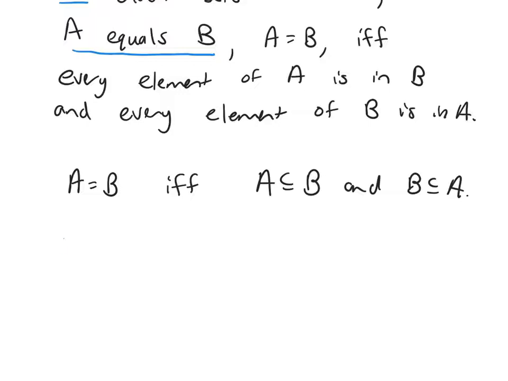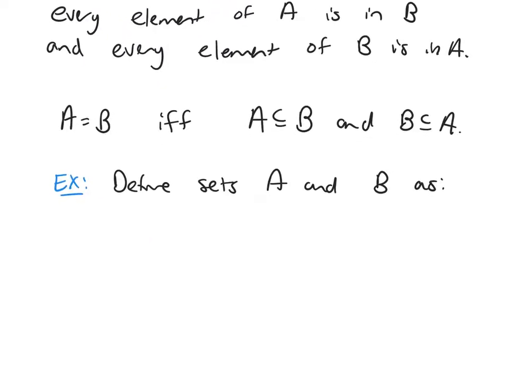So again, we're going to look at an example here. Let's define sets A and B as the following. So A is going to be all of the integers that you can write as 2 times an integer.